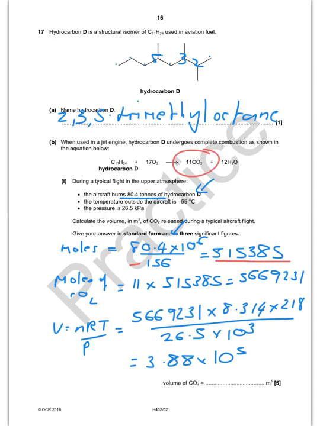You've then got your 11 moles of carbon dioxide for every 1 mole of hydrocarbon D. So that's your moles of carbon dioxide. Pop it into your ideal gas equation. Remember to convert degrees C into Kelvin and your kilopascals into pascals. And Bob's your uncle. That's your answer.